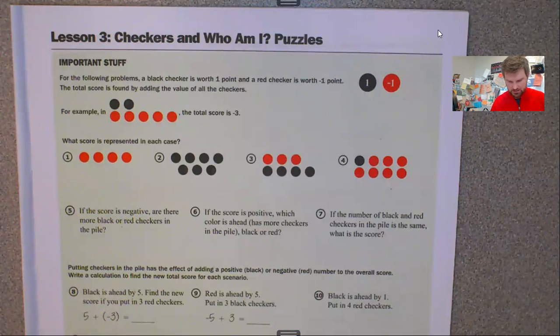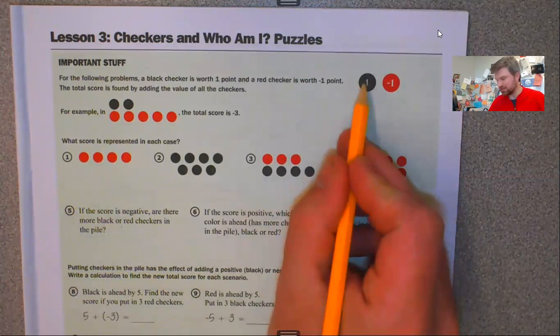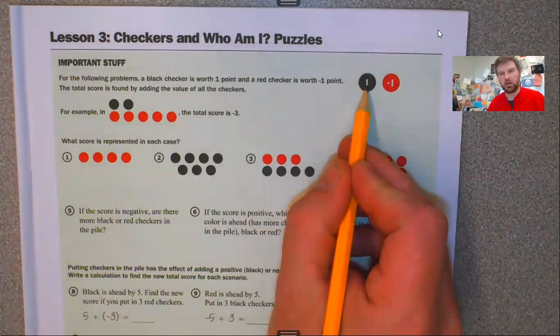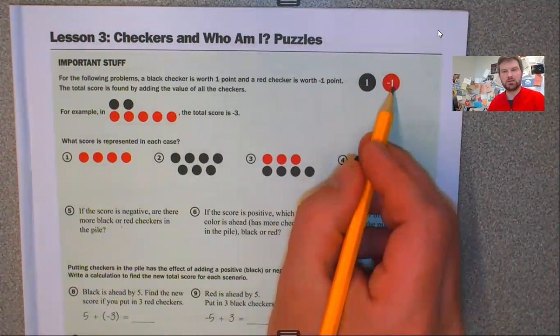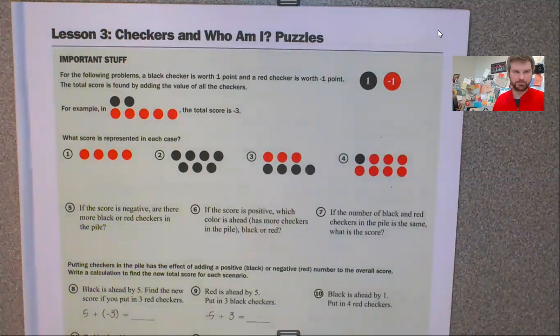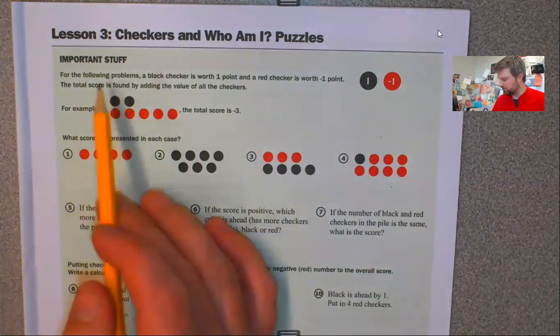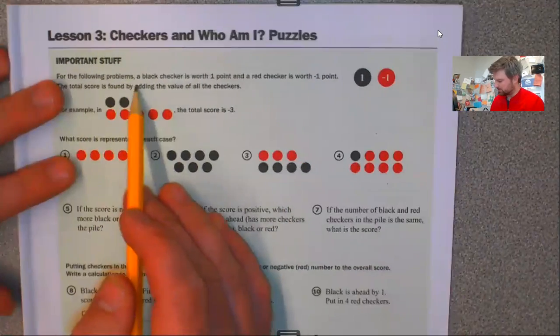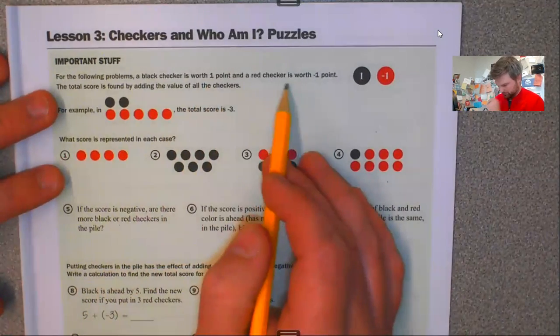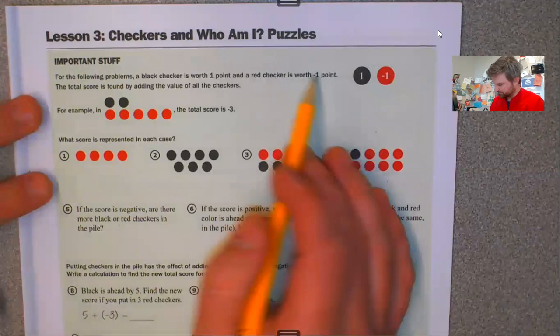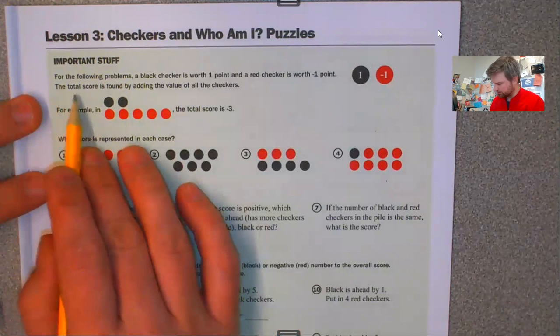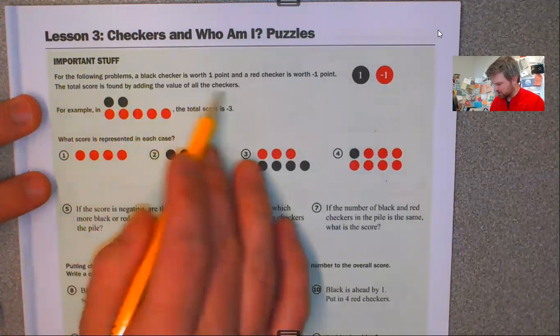And the thing to know here with these checkerboard pieces is that if you have a black piece, that is a +1 or a 1. And if you have a red piece, that is a -1. So for the following problems, a black checker is worth 1, red checker is worth -1. The total score is found by adding the value of all the checkers.